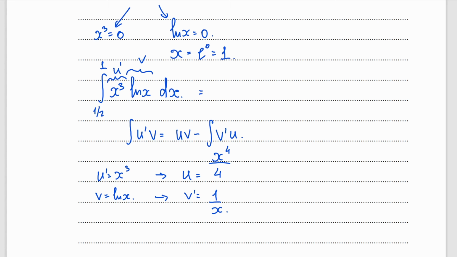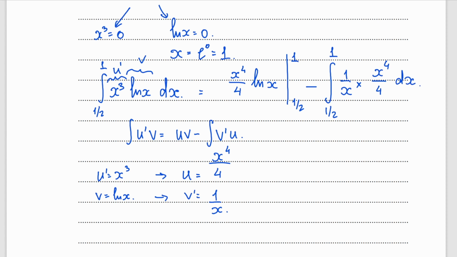So all in all, our integral becomes uv, x to the power 4 over 4 times log x, which I'll have to evaluate from 1 over 2 to 1, then minus the integral of v'u, that's 1 over x times x to the power 4 over 4 dx.